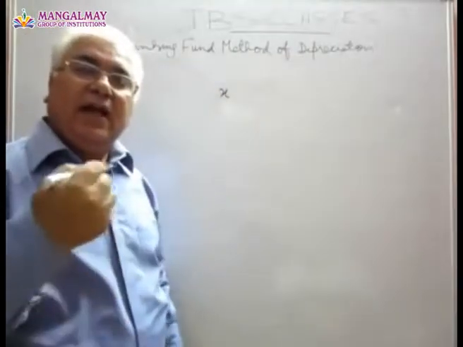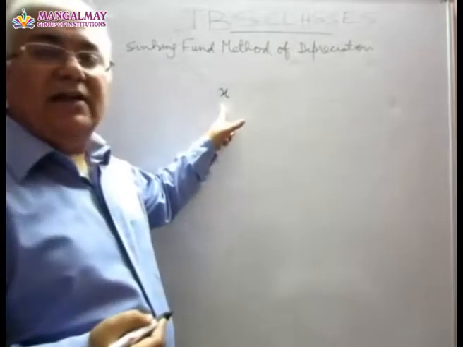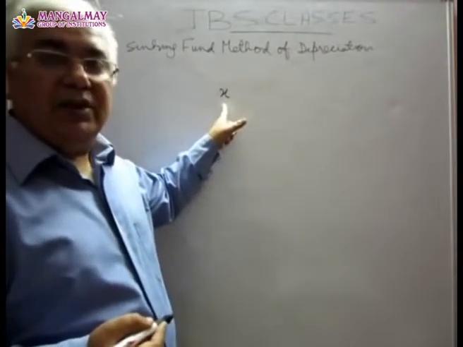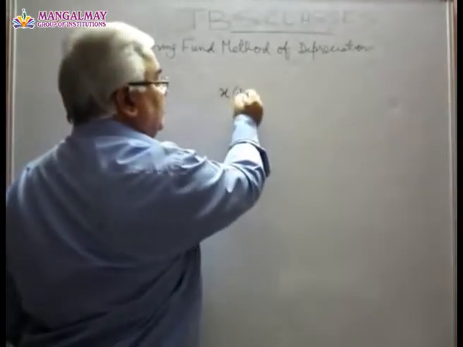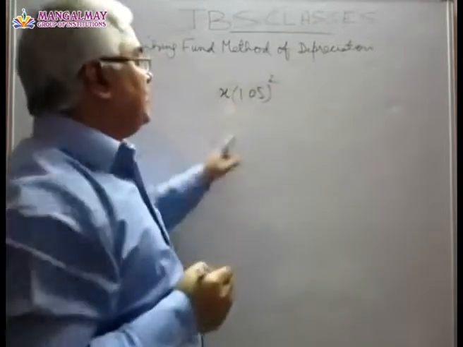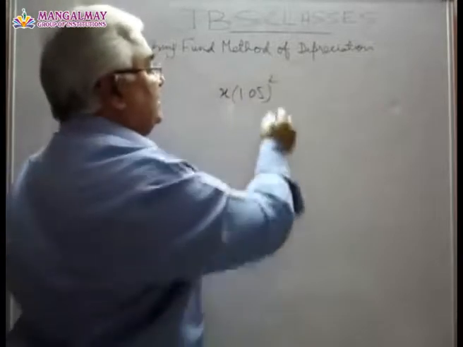If the asset's life is 3 years, and we invest this X amount at the end of the first year, then it will remain invested for 2 years, say at the rate of 5%. So this amount X at the rate of 5% after 2 years will become this amount.